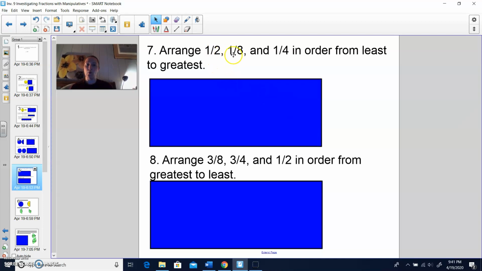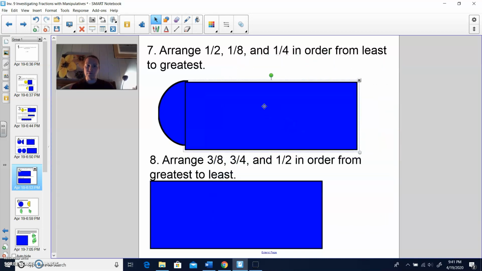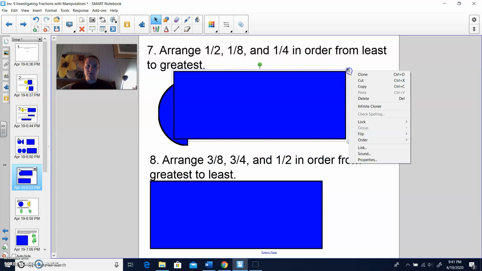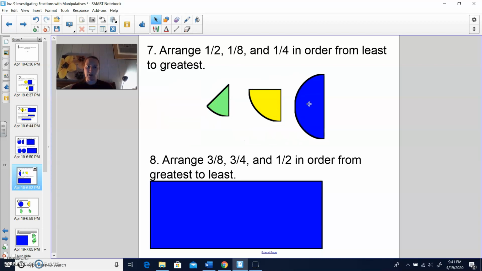Arrange 1/2, 1/8, and 1/4 in order from least to greatest. Using your fraction manipulatives, organize 1/2, 1/8, and 1/4 from the smallest to the biggest pieces. Okay, so if I was arranging it from the least to the greatest, which one of my pieces would be the smallest?